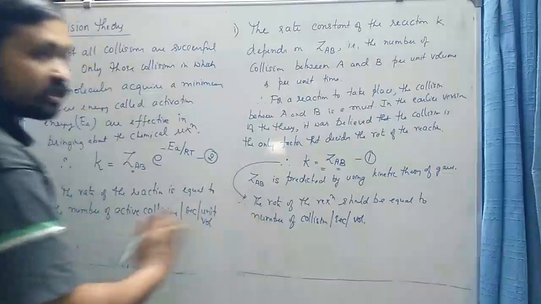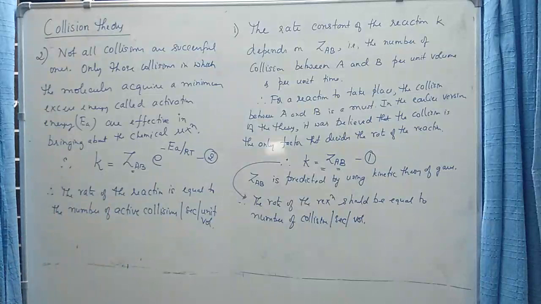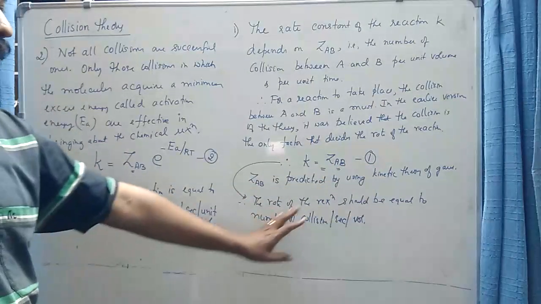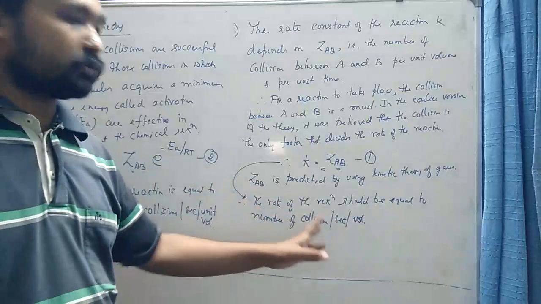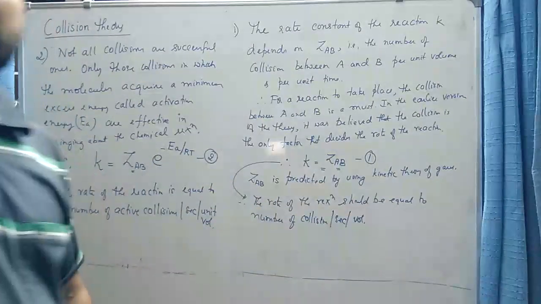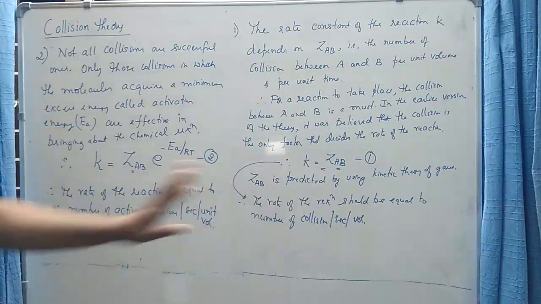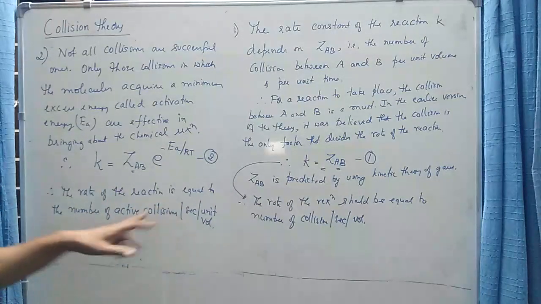You can note the difference between these two sentences. Earlier it was proposed that the rate of the reaction should be equal to the number of collisions per second per volume. It means each collision results in the formation of the product, undergoes chemical reaction.